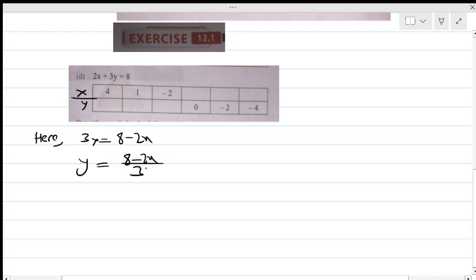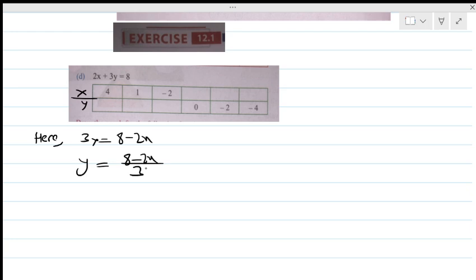If integer is not specified for y, you can give any value of x as you wish. But if you have to find the value of y also as an integer, like 1, 2, 3, 4, 5, 6, 0, minus 1, minus 2, minus 3, then you have to be careful to choose the value of x.